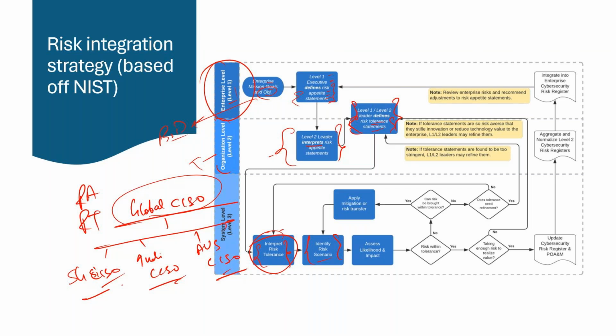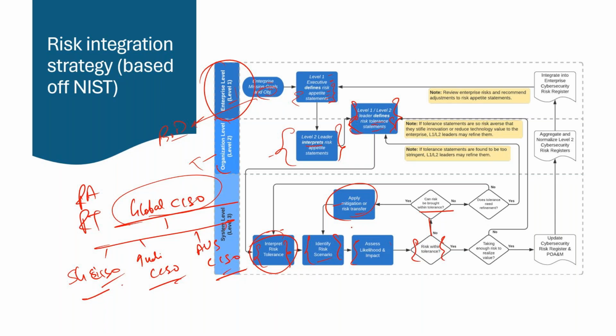Identifying the risk scenarios, assessing the likelihood and the impact, and whether or not the risk is within the tolerance. If it is not, can it be brought within the tolerance? If yes, then we apply the risk mitigation strategy, or the transfer strategy. I mean, the risk mitigation strategy as a whole, the 4 risk mitigation strategies that we spoke of, right?